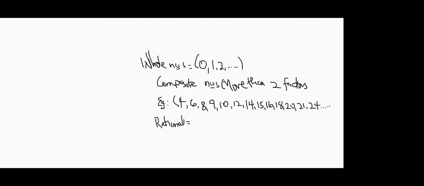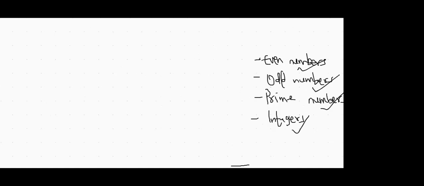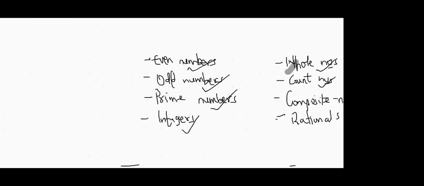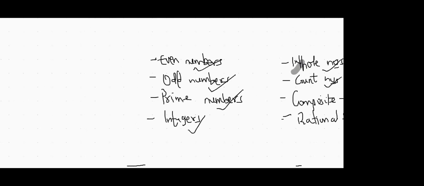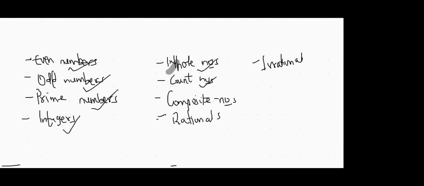We said that according to the syllabus, we are expected to know the various sets of numbers that we can think of. Are you following? Yes, I am. So we made mention that we have even numbers, odd numbers, prime numbers, integers, whole numbers, count numbers, composite numbers, rational numbers, irrational numbers.